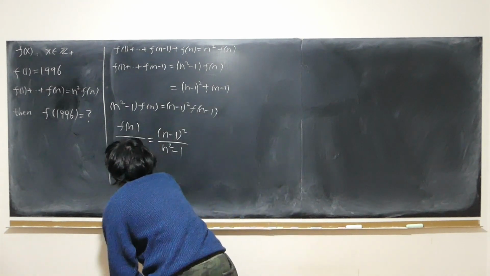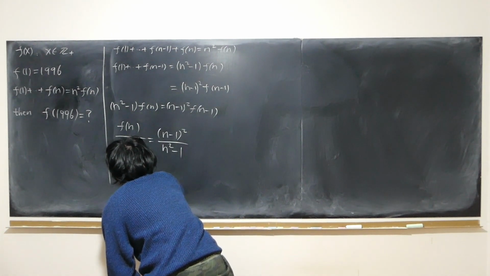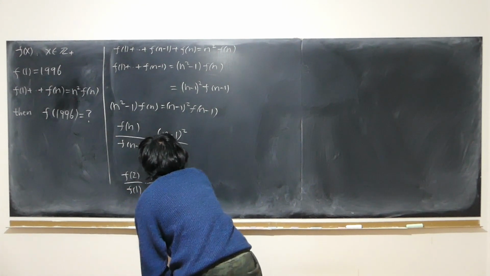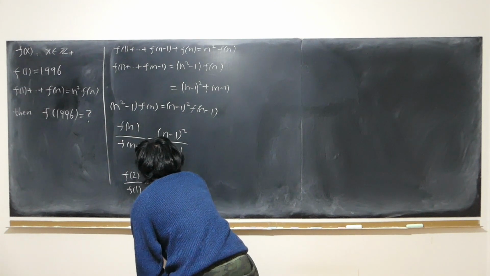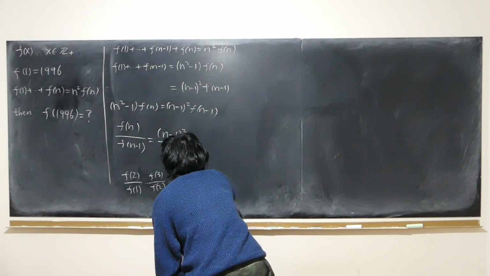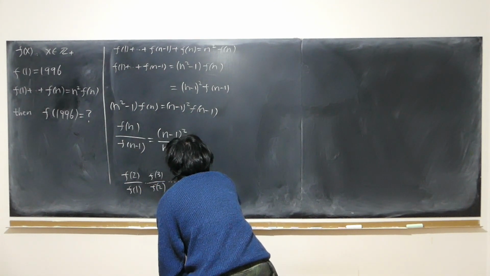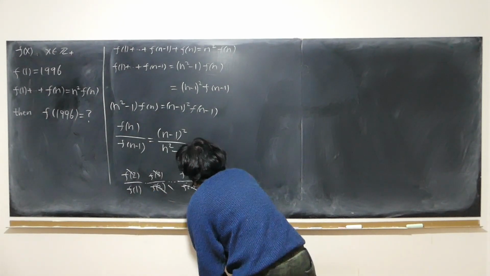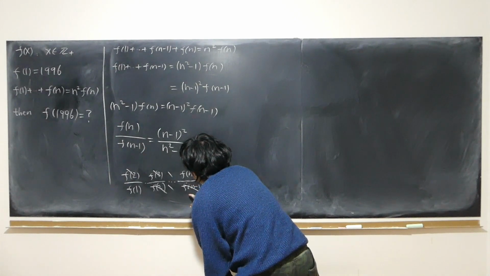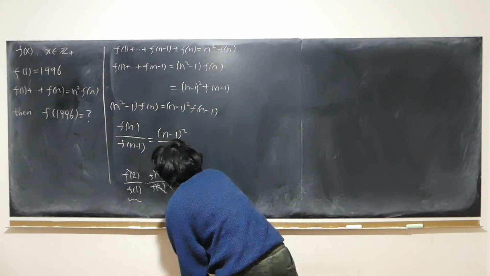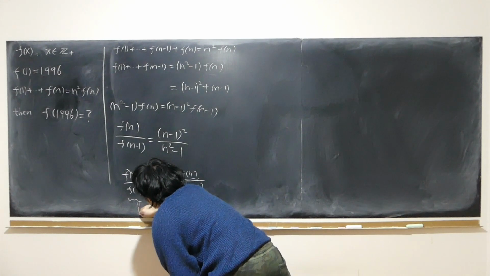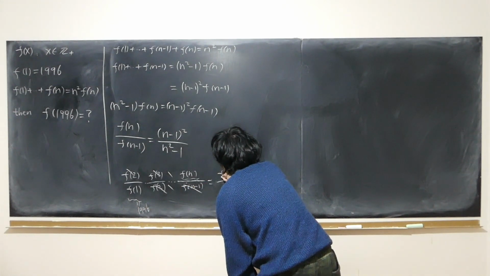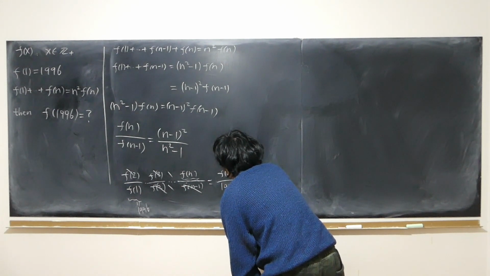So we have f of 2 over f of 1 times f of 3 over f of 2 all the way up to f of n over f of n minus 1. Cancel out f of 2, f of 3, and so on, and only f of n and f of 1 are left. But f of 1 is equal to 1996 as given by the condition, so that's equal to f of n over 1996.